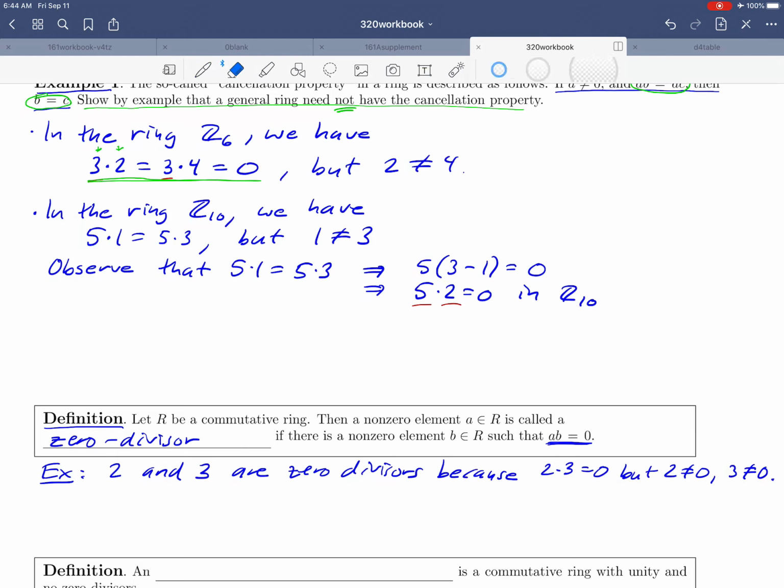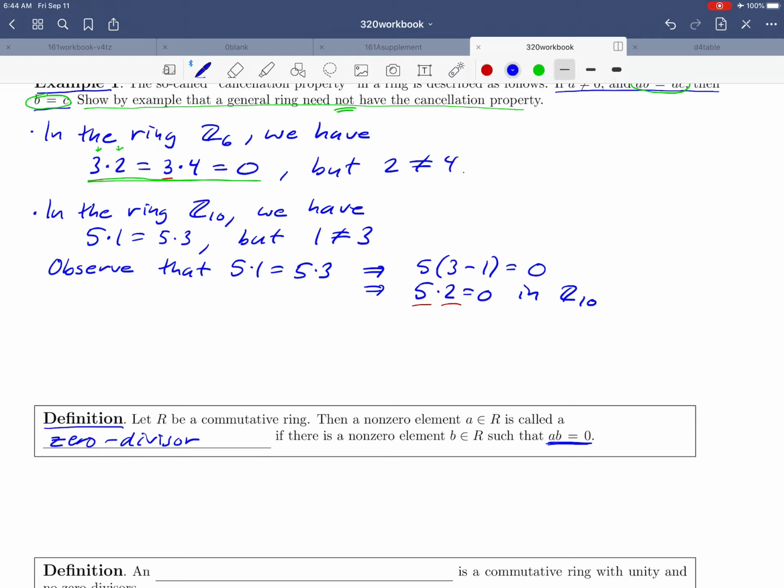I should mention the ring here: 2 and 3 are zero divisors in Z6. We need to be specific about the ring. The reason is that we multiply them together and get 0, but the elements themselves are not 0.